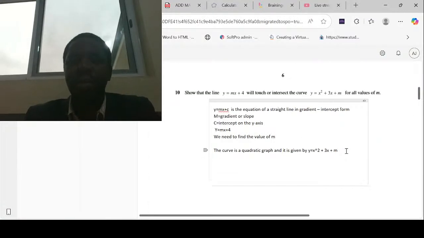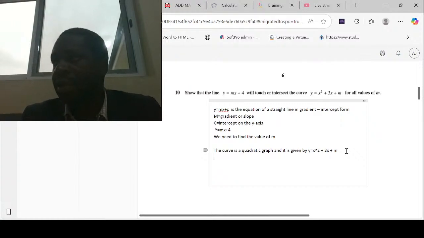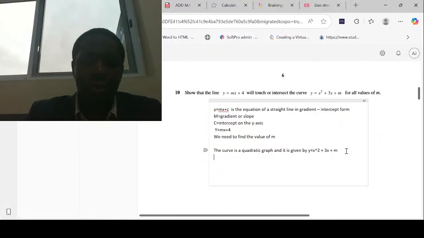To solve this, we simply equate the two equations, because where they meet, their corresponding values of x and y have to be the same at that coordinate. So for intersection to occur, we have to equate the two graphs.